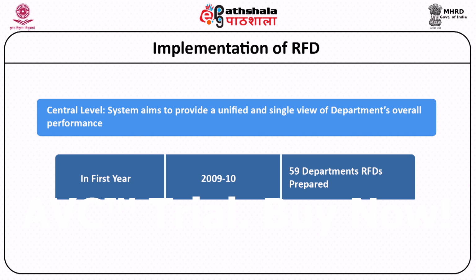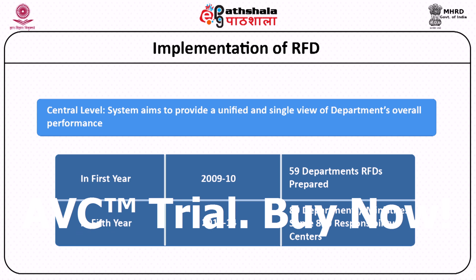In the fifth year, that is 2013-14, a total of 80 departments prepared the RFD document, and along with them, 800 responsibility centers were made.